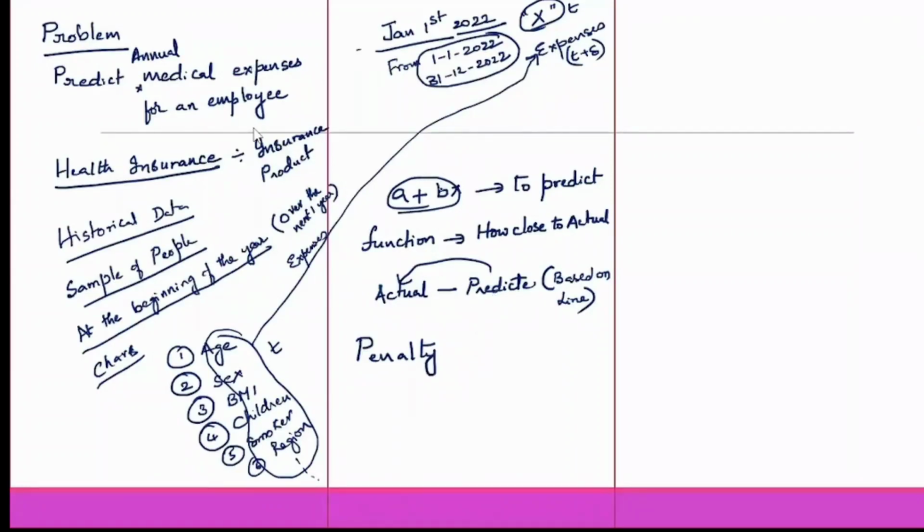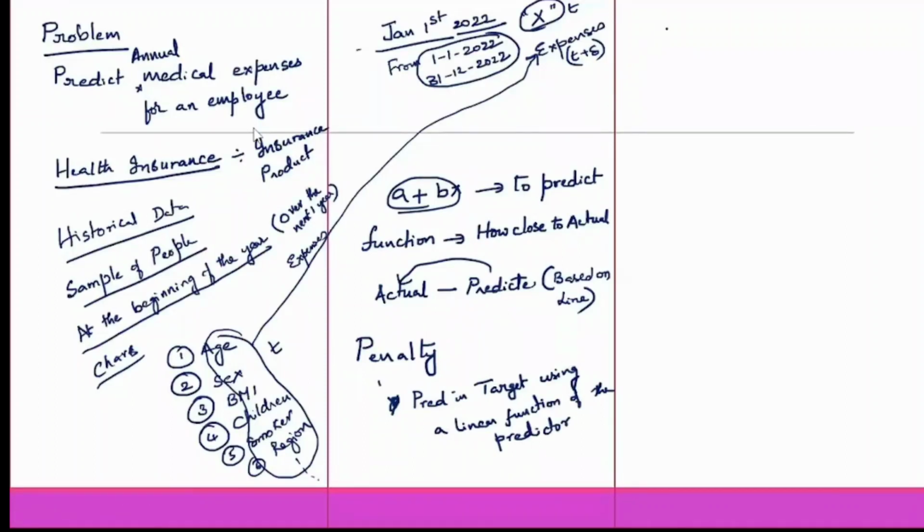I am predicting the Y, predicting the target. Just understand this. I am predicting the target using a linear function of a predictor.